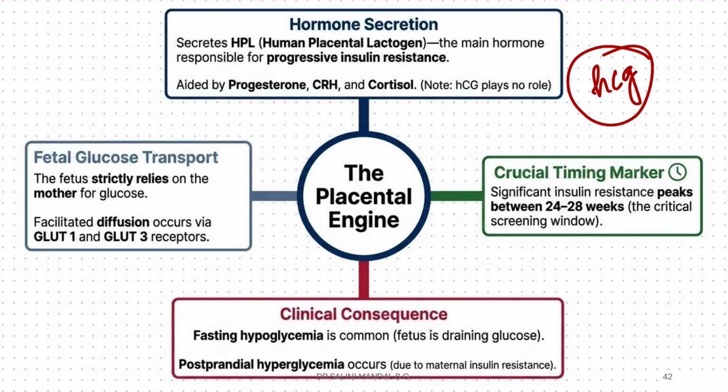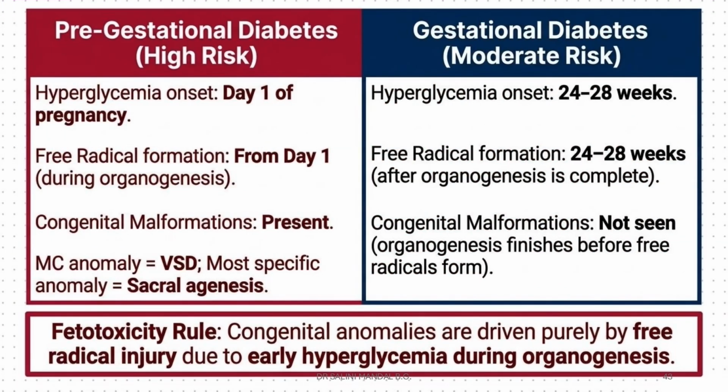But you need to remember how the glucose is transferred from the mother to the fetus. It is through facilitated diffusion via the GLUT1 and GLUT3 receptors. This is important. Next one is about gestational diabetes.